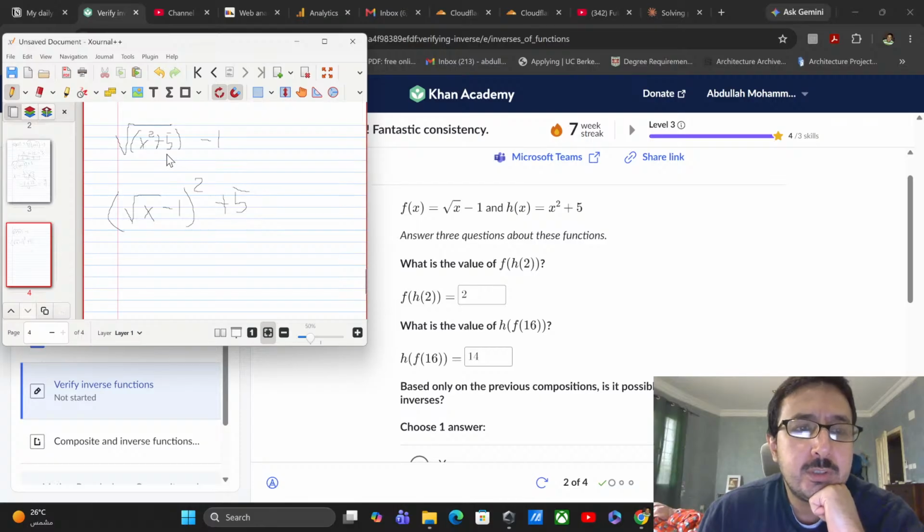How can we do this? Look, this I can't get rid of, these two. I can't get rid of the square root because of the plus 5 here. So what am I going to do about that? It's not an inverse. I don't believe it's an inverse.